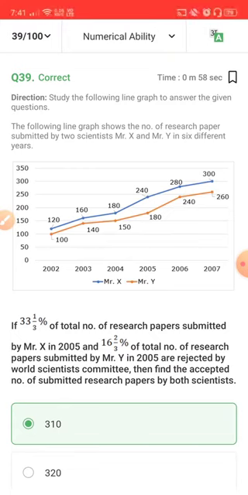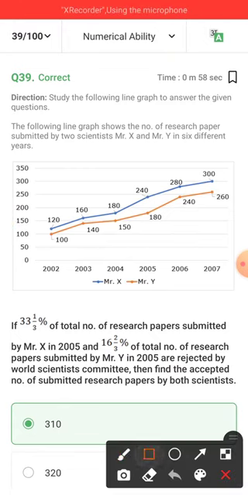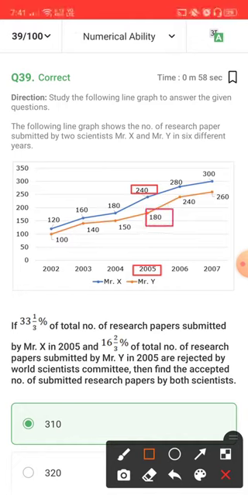In this problem, 33 and 1 by 3 percent, 33.33% of the total number of research papers submitted by Mr. X in 2005 are rejected by the Scientist Committee.